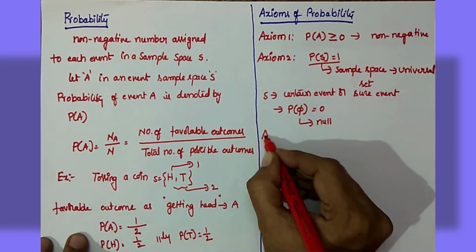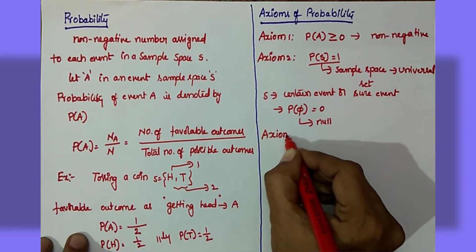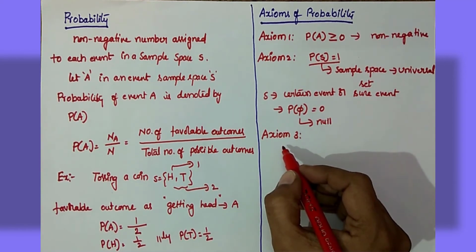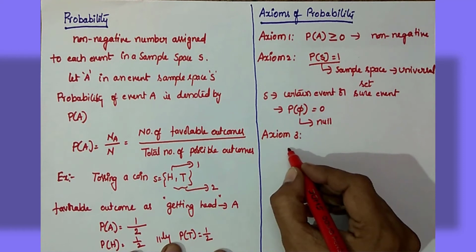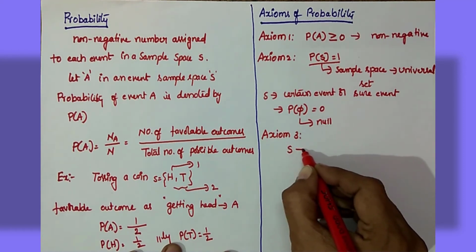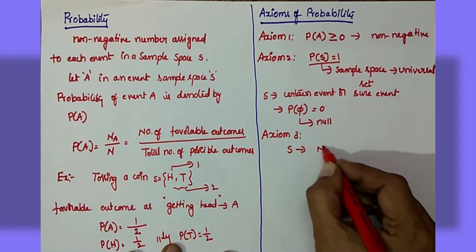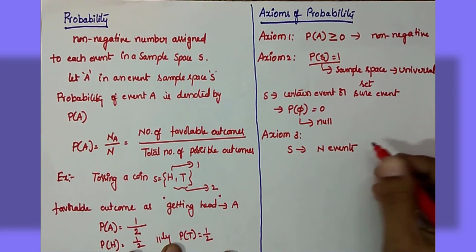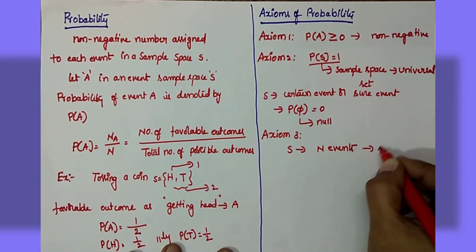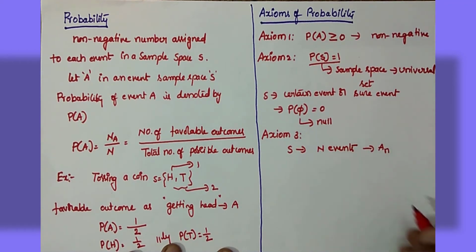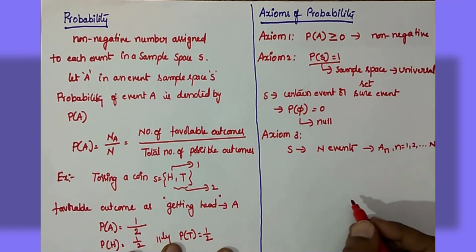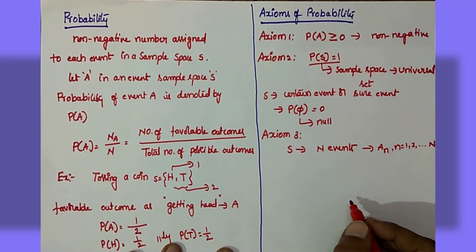Then, what is axiom 3? Suppose we take a sample space S, which consists of n events. Those events are represented by An, where n is 1, 2, etc., up to capital N. This capital N may be infinite.